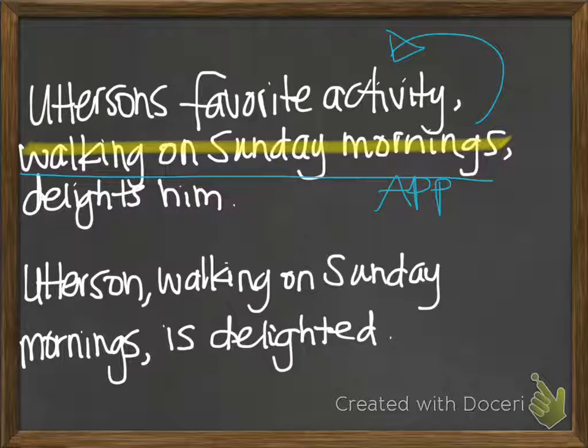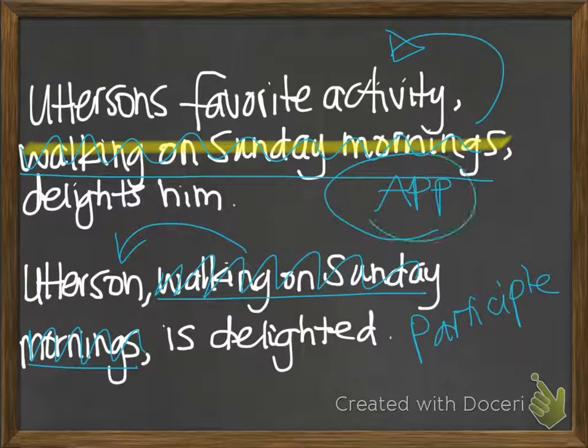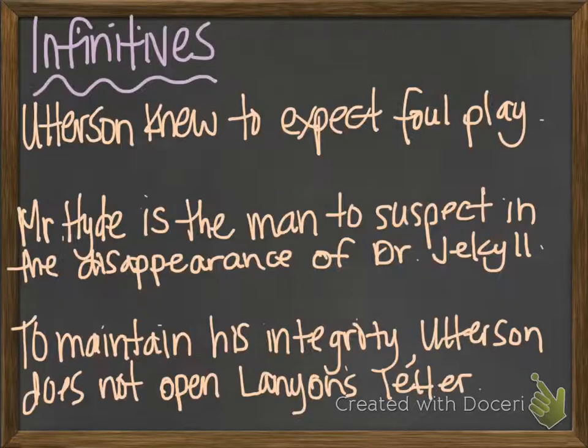This is not a gerund at all. This is a participle because we're describing Utterson. So you can take this out when it's a participle. But you can also take out this gerund. Why? Just because it's an appositive, and by nature, appositives can be removed from the sentence.